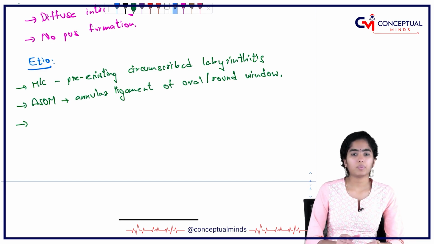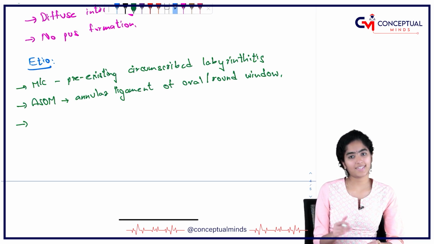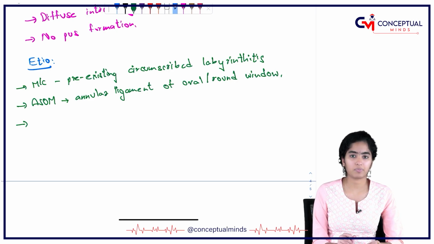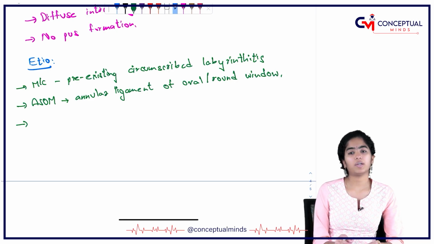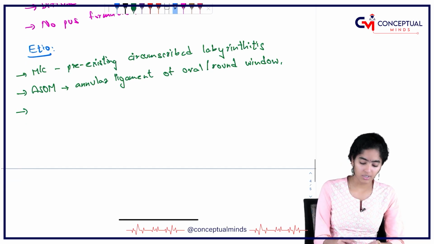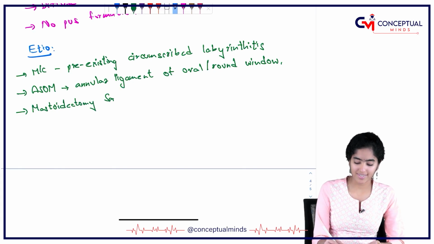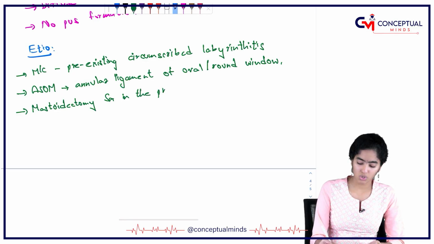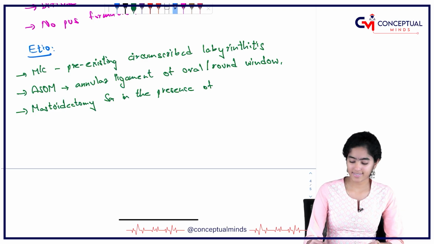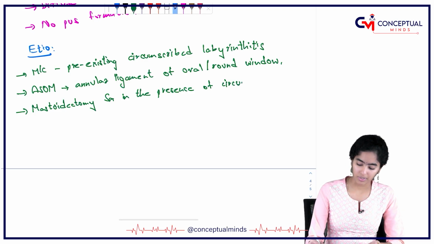When mastoidectomy surgery is done in the presence of circumscribed labyrinthitis without giving proper antibiotic cover, that can also lead to diffuse labyrinthitis.